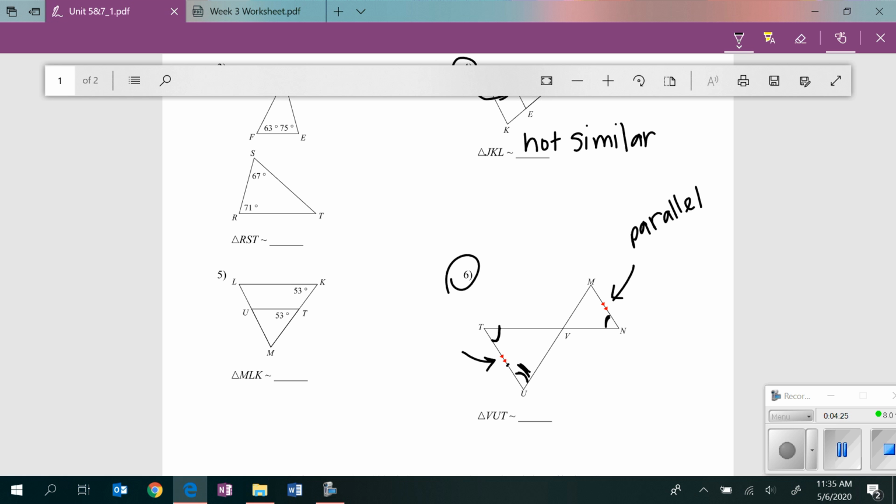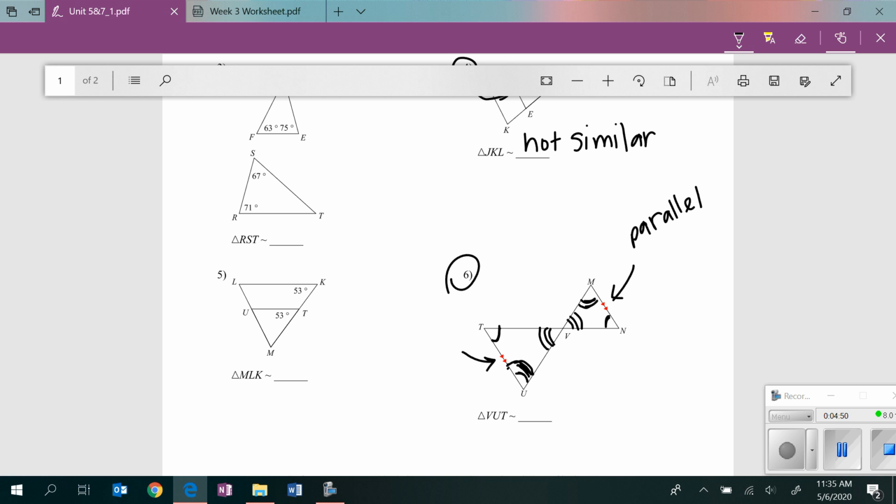Okay. So because of alternating interior angles, I've got that U is congruent to M and T is congruent to N. Also noticing that we've got a vertical angle right here as well. So these two triangles are similar by AA similarity.